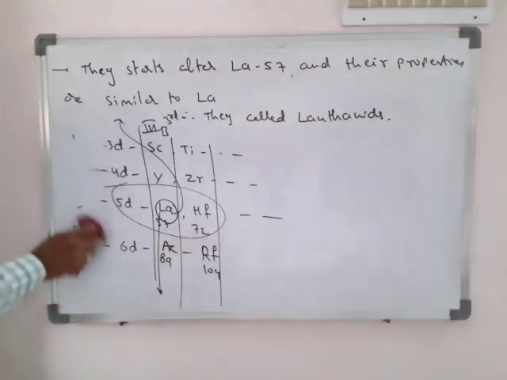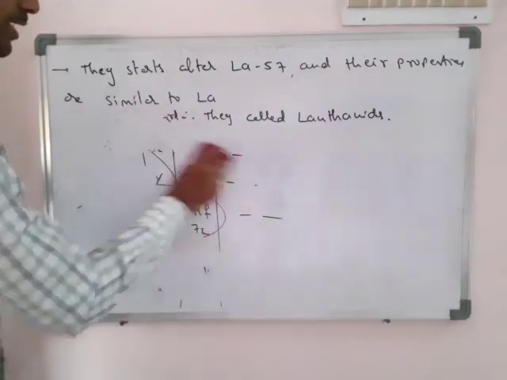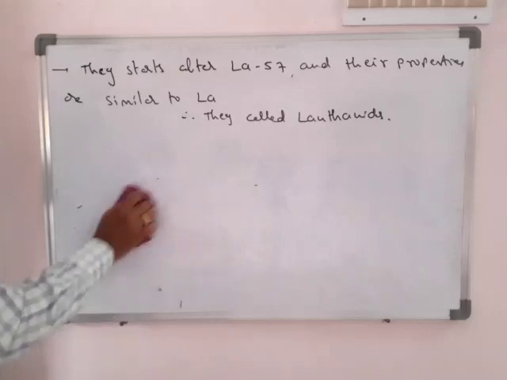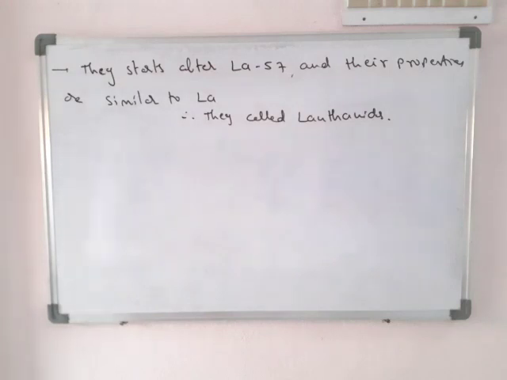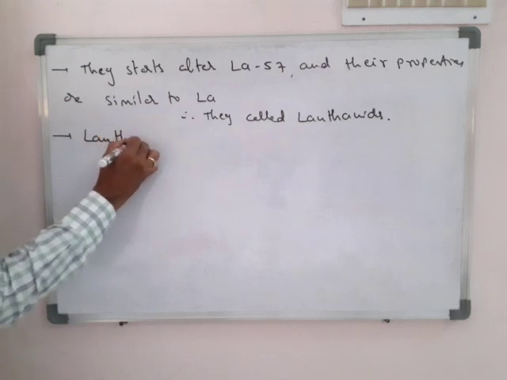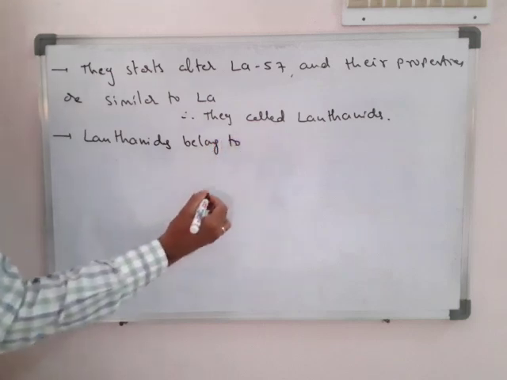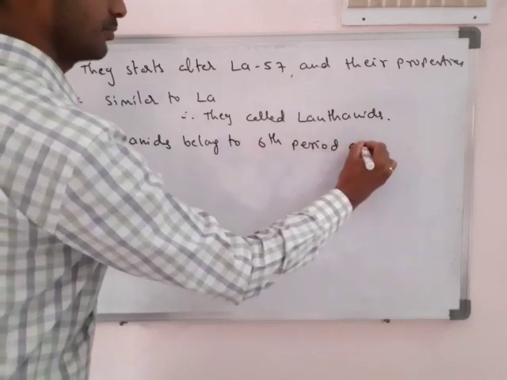Okay, so now we write which group and which period they belong to. So lanthanides belong to the 6th period. And which group?